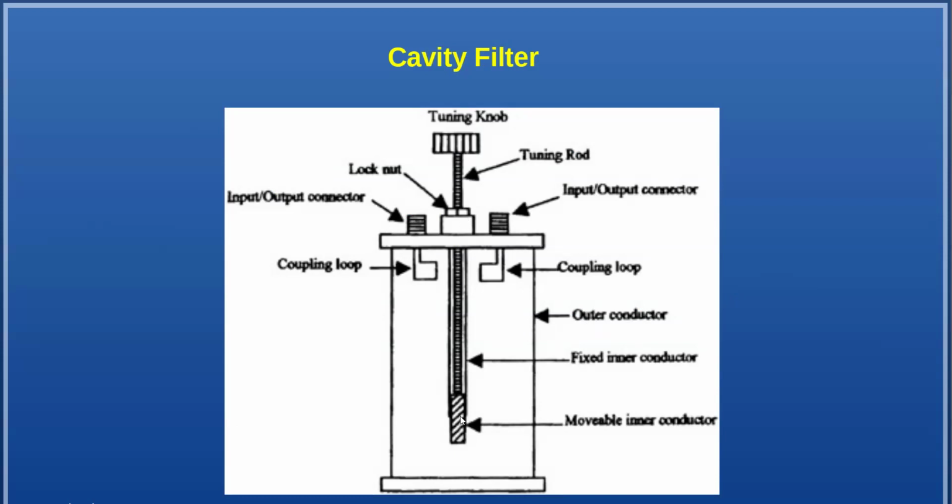And you have a slot inside of this rod in the middle that allows you to vary the inductance, and that's how you tune it. So you tune it to the resonance point or cutoff frequency. It's a manual tuning, mechanical type of filter.